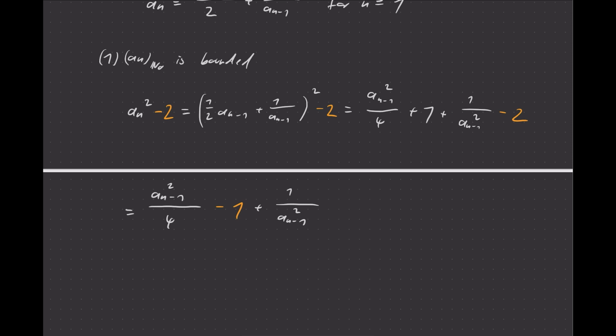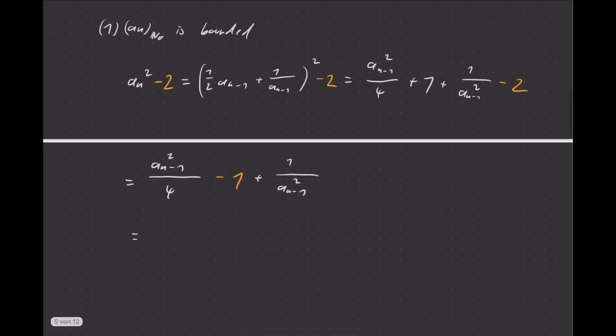And you'll immediately notice that is almost the same as this formula here, but with a minus instead of a plus in the middle. So again, we apply one of the binomial formulas to see that this is actually the same as (1/2 a_{n-1} minus 1 over a_{n-1}), sorry, squared.